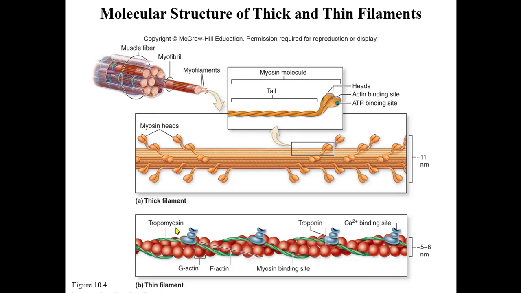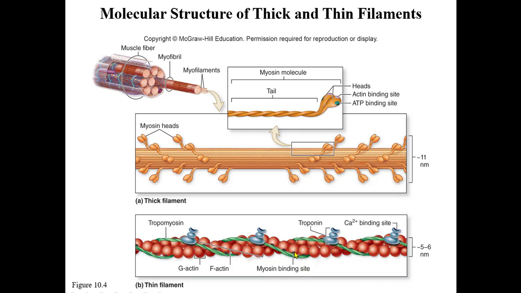Here I see the tropomyosin belt. And if you look carefully, see how the actin has these black dots? You can see these black dots on them. See how at the present moment this tropomyosin is covering the black dots? Right? Well, those black dots are called myosin binding sites.